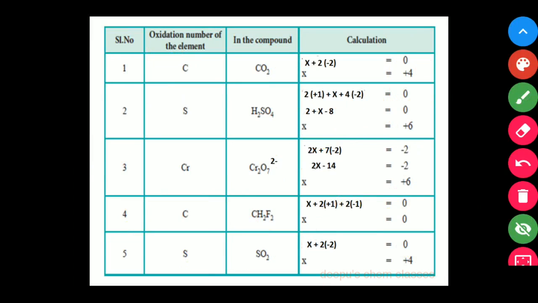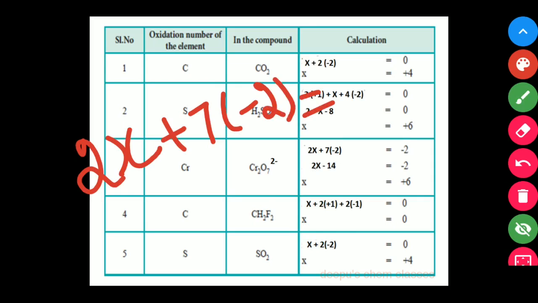Next, we find the oxidation state of chromium in the dichromate ion, Cr2O7 2-. It carries a net charge. Let Cr be X; there are 2 chromiums, so 2X. For oxygen, the common oxidation state is -2, so for 7 oxygens it is 7 into -2.